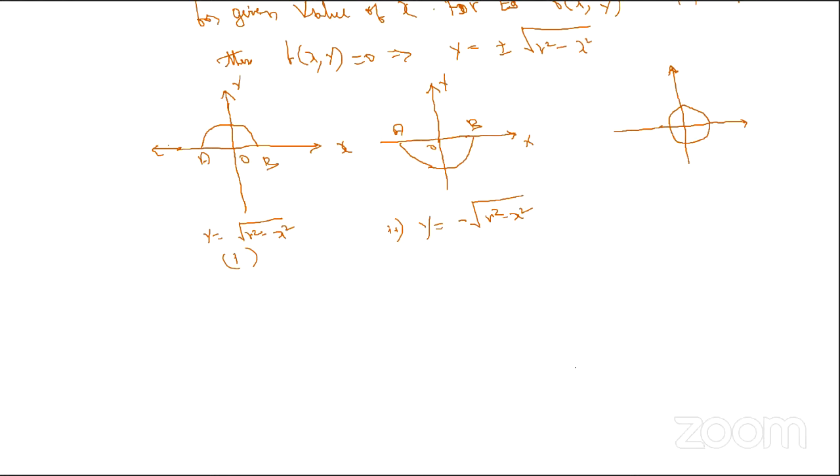With points A, B, origin 0, x and y axes, x square plus y square equal to r square.